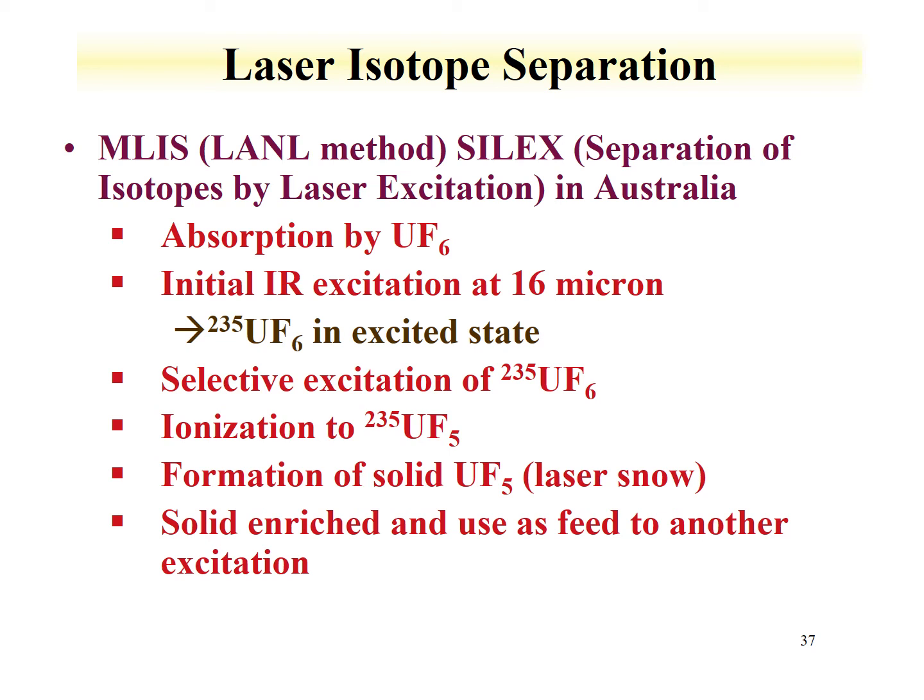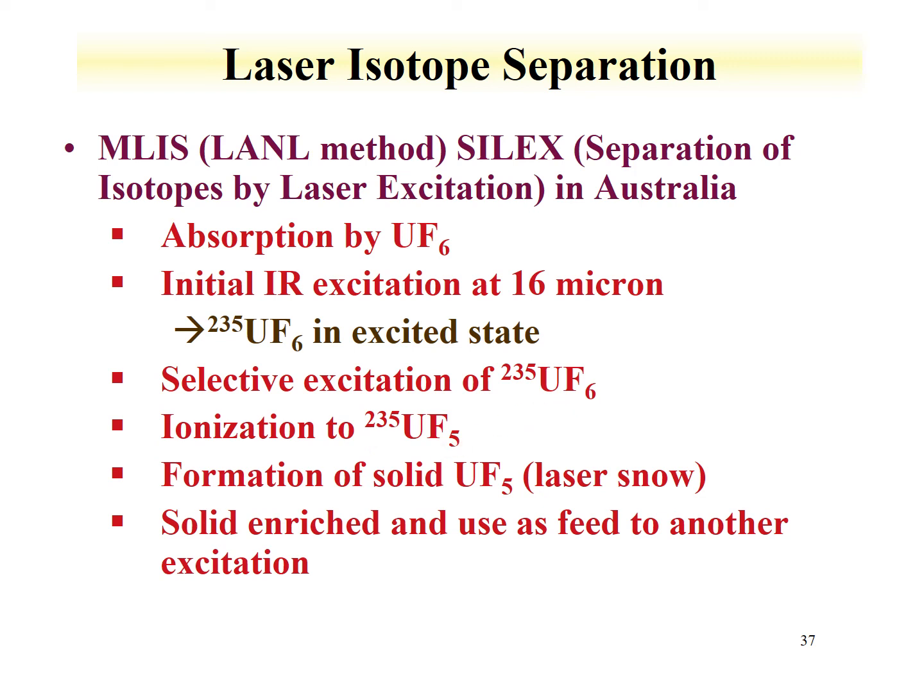Molecular dissociation is also used as a laser-based isotope separation method. Similar to what we talked about with the metal, one can use the hexafluoride. You can initially excite the uranium-235 hexafluoride with IR excitation. In that excited state, you can selectively take it to the ionization state, where uranium hexafluoride is converted to uranium pentafluoride.